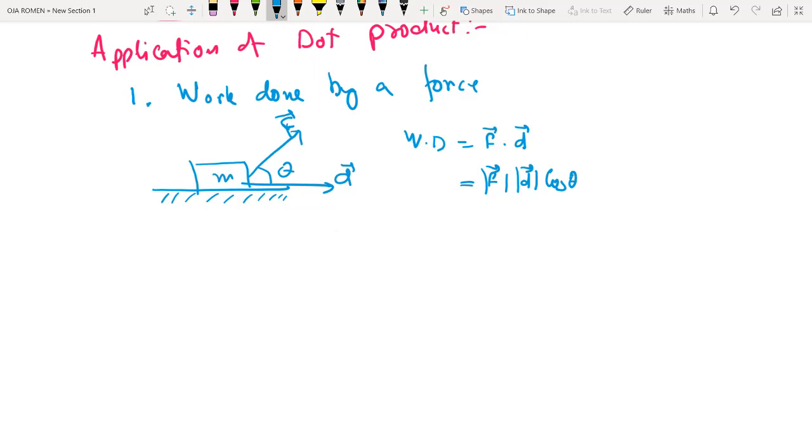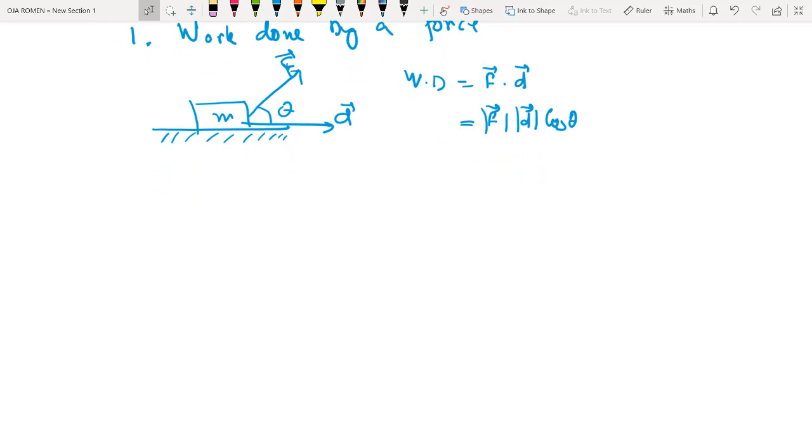Now another application of dot product is that we can define electric flux.